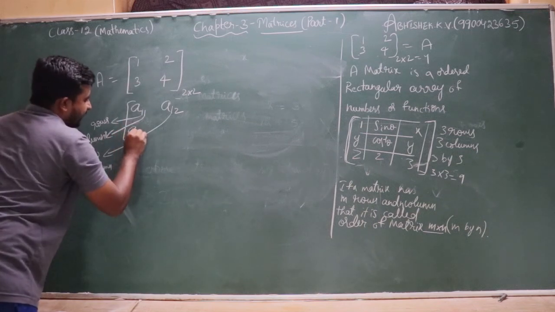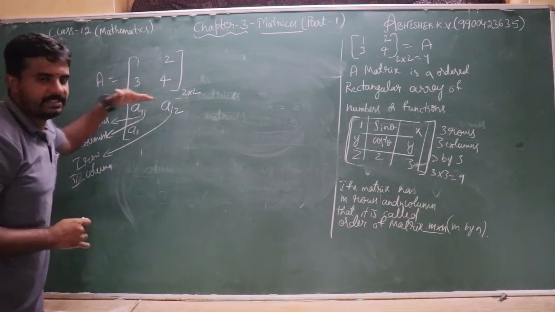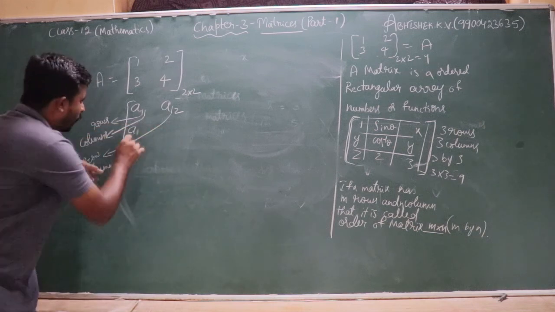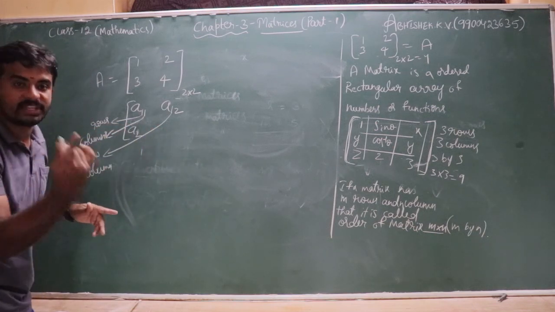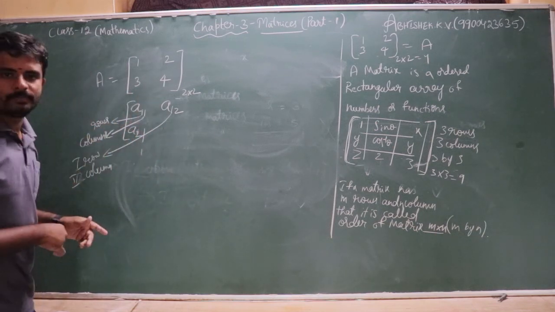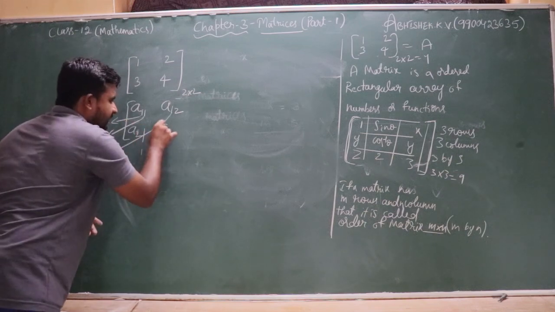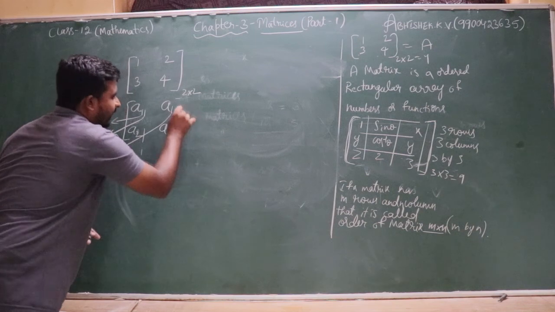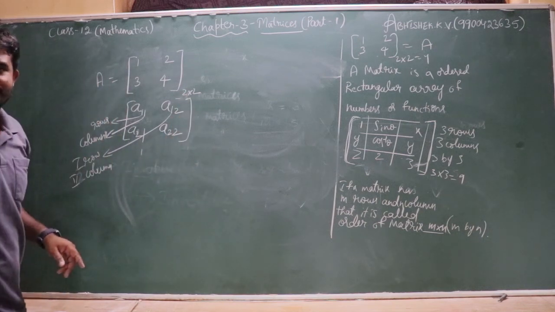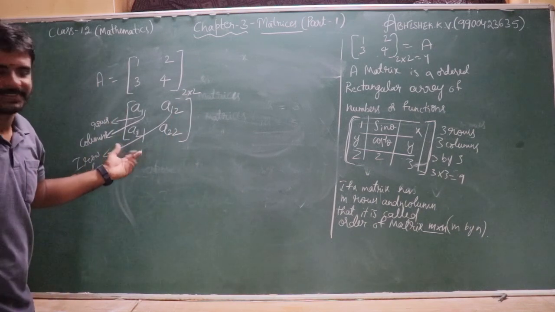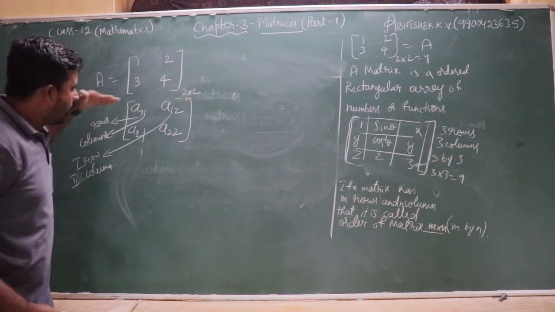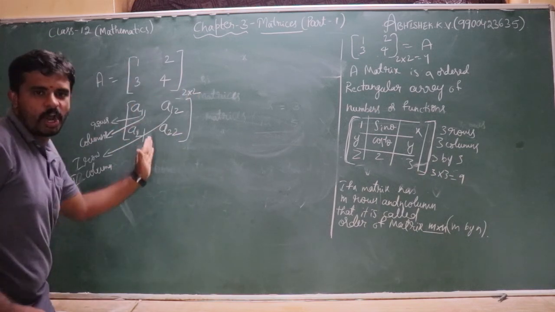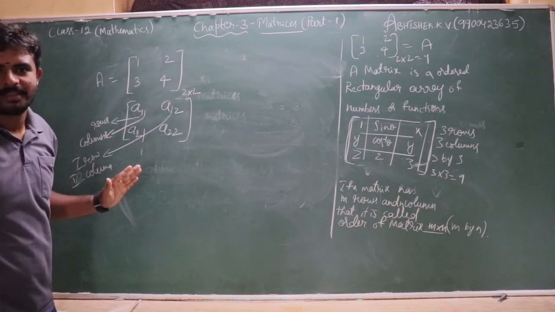Similarly, 3, that is A21: this is the first row, this is the second row, which column? First column. Then this, still in the second row, but in the second column. See, the beauty of mathematics: first row, second row, first column, second column.